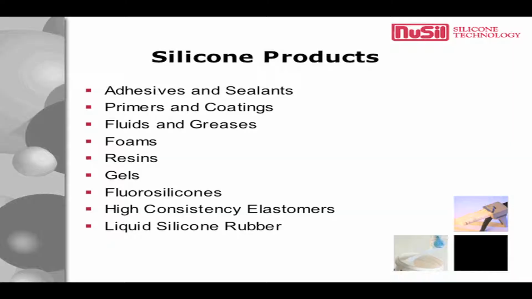So it's a different molecule, it does things a little bit differently. We're seeing a lot of interest in those types of products, particularly when it comes to drug delivery applications. And then of course high consistency, which is extrudable silicones, and then liquid silicones, which are moldable compounds.